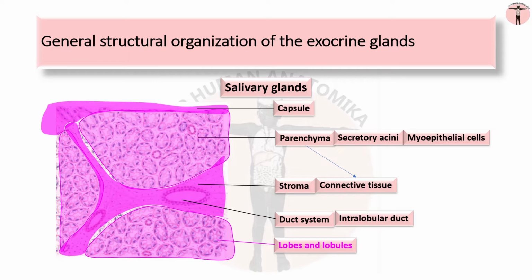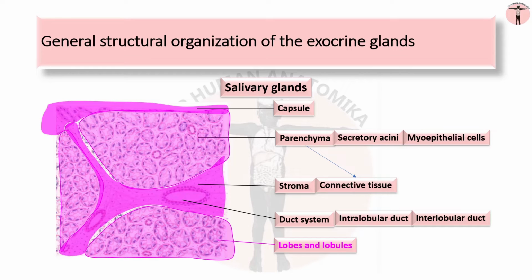The ducts draining the lobule are called intralobular ducts, lying within the lobule, which includes intercalated and striated ducts. The intercalated duct is the initial duct which is connected to the secretory unit, and these ducts join to form the striated ducts, and the striated ducts join to form the interlobular ducts present between the adjacent lobules.